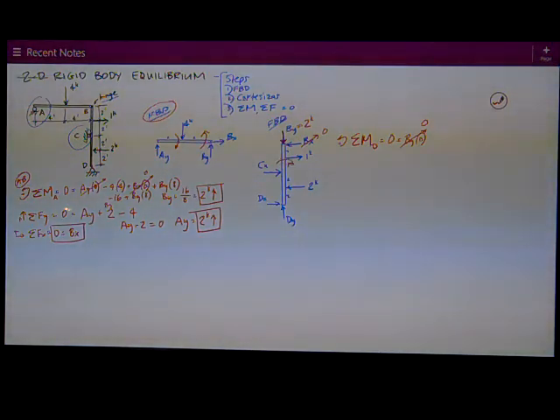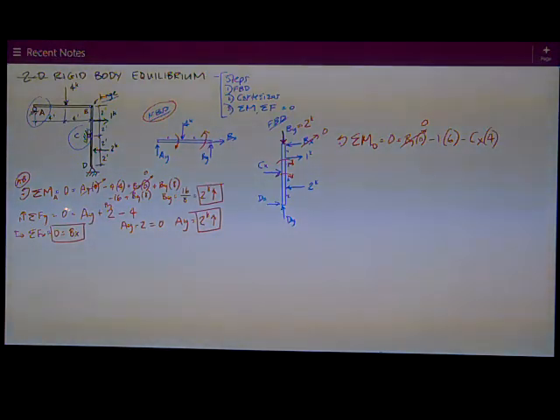It's trying to rotate, I hope you can see, clockwise about point D. So it is negative 1 times 2 plus 2 plus 2, or 6 feet. Then I've got CX also assumed in the same direction to the right, so it creates the same kind of moment, clockwise. It's negative CX times 2 plus 2, or 4.